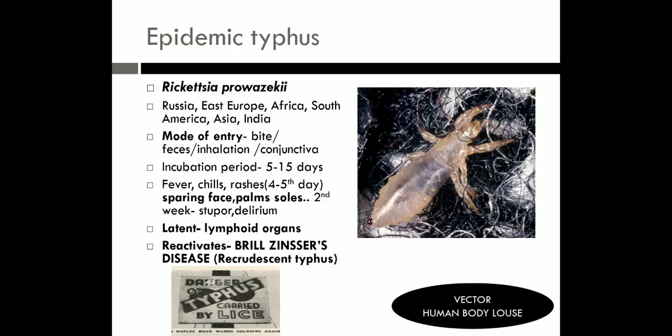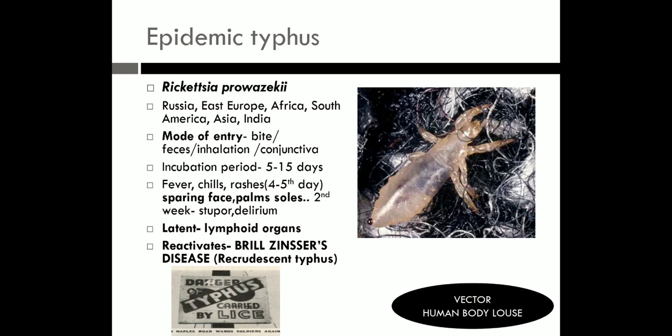The organism is transmitted by this body louse, and it is strictly adapted to humans. The lice live in the clothes, and they take a blood meal 5 times daily.